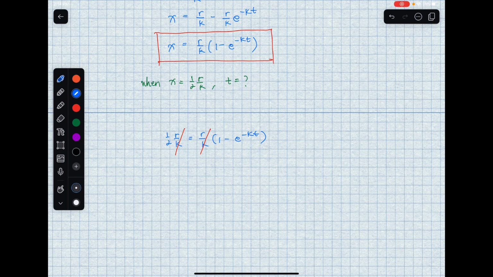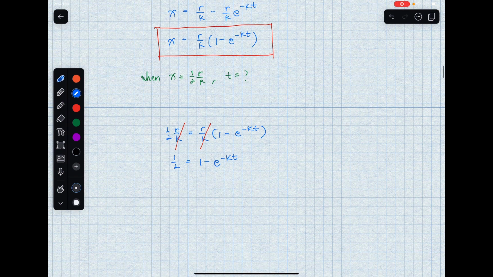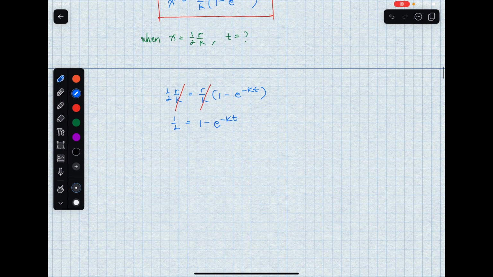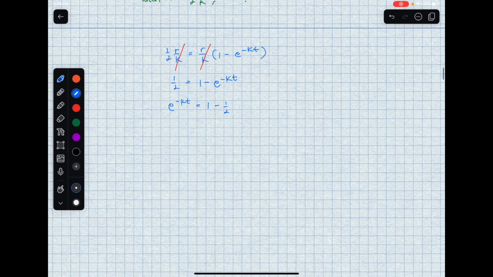That will lead us to 1/2 equals 1 minus e raised to negative kt. Then I'll transpose e raised to negative kt so it becomes positive, and I'll have 1 minus 1/2. So e raised to negative kt is equal to 1 minus 1/2, which is 1/2.